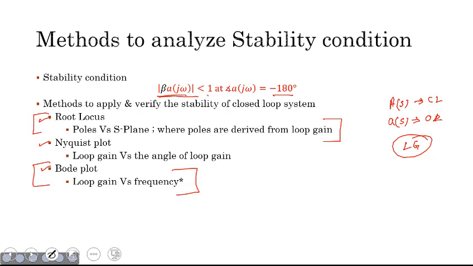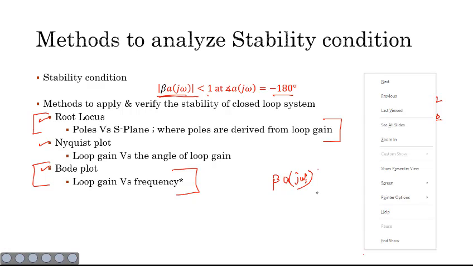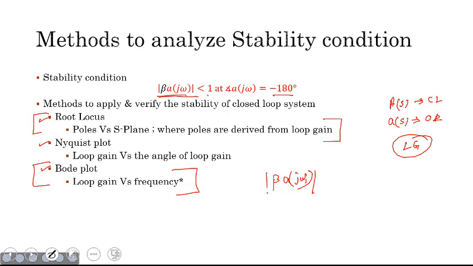So the system would get into an unstable condition if I have the loop gain, that is A times j omega, at frequency omega 1, let us assume, with the magnitude becoming equal to or greater than 1, and meanwhile I also have a phase angle, which is the angle of A of j omega 1 times beta.